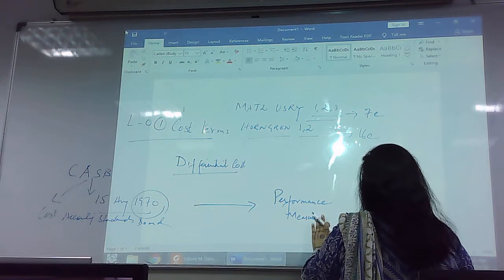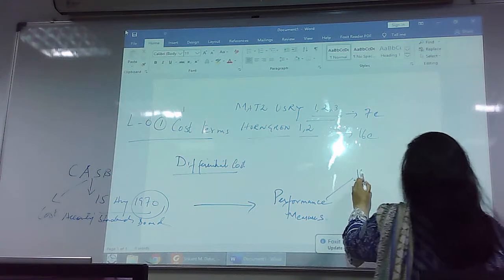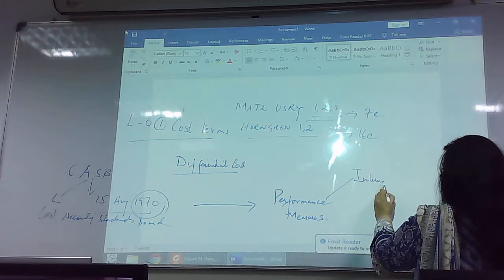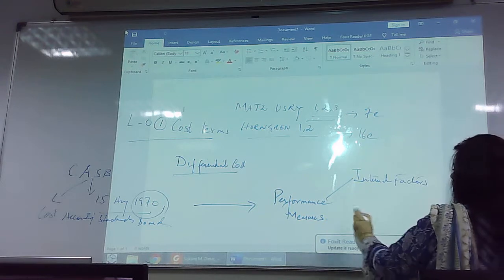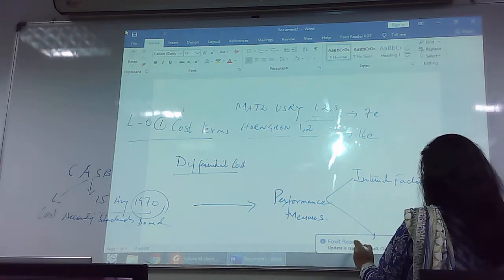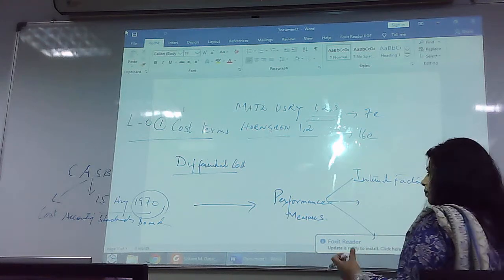I would just say performance measures at the moment because there are some internal factors of a company. Then there are some environmental factors, and there are some interdepartmental factors.